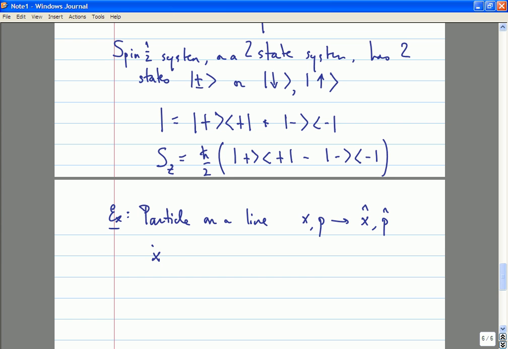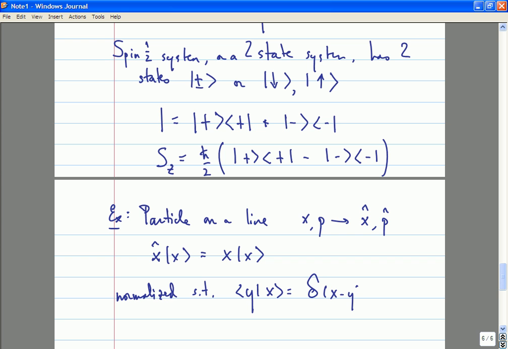There is a basis of states, also labeled by the continuous parameter x, which are the eigenstates in the x basis, which are normalized such that the inner product between any two of them is given by a Dirac delta function.